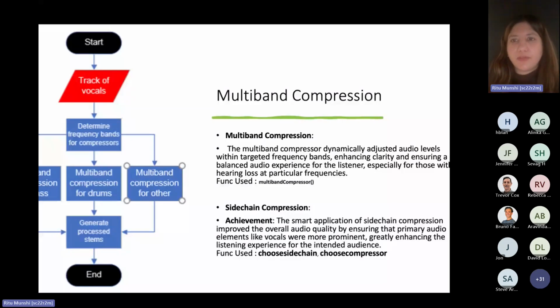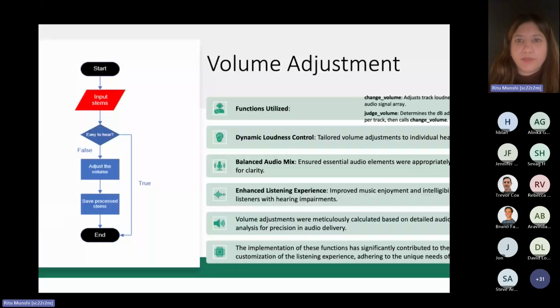After the remix output is done, we will do the volume adjustment and ensure balanced audio, adding the values that are provided. Like 1 dB if in every frequency band we have moderate hearing loss, it will be increased by 1 dB, and if we have severe, it will be increased by 1.5.